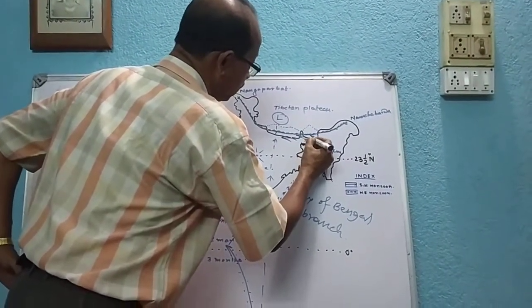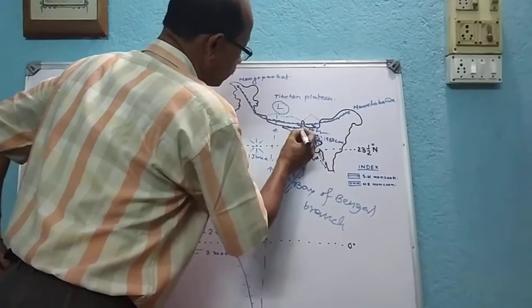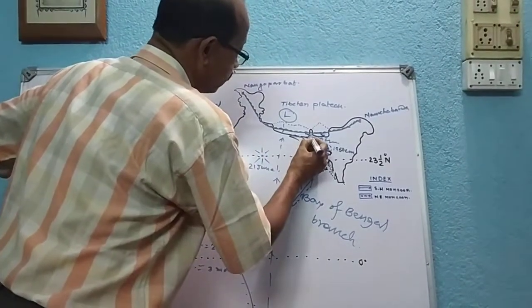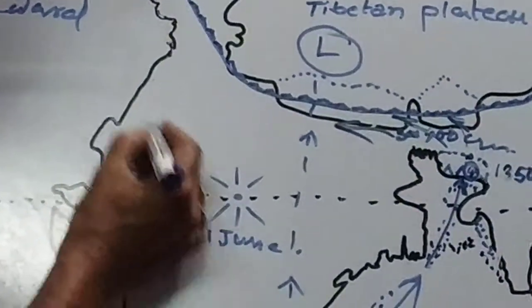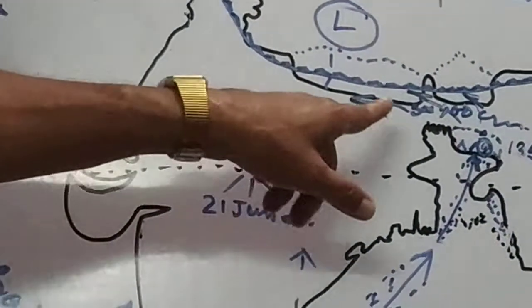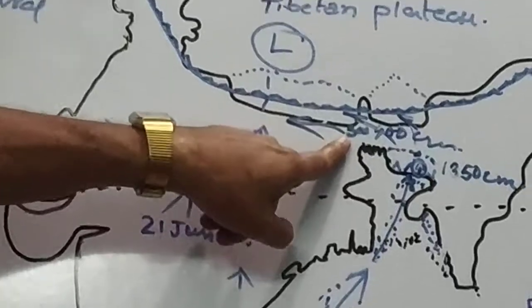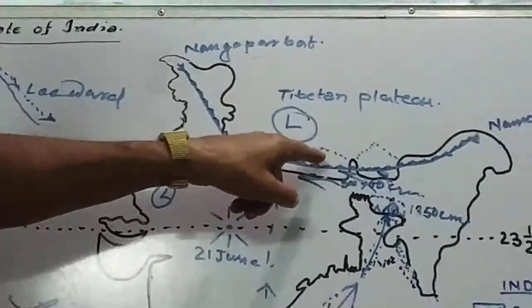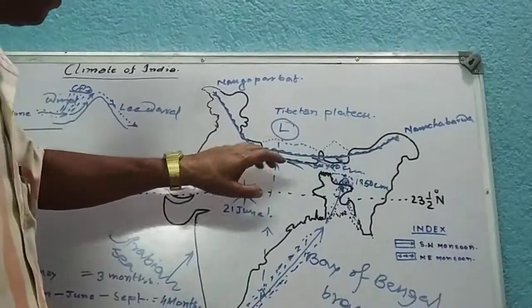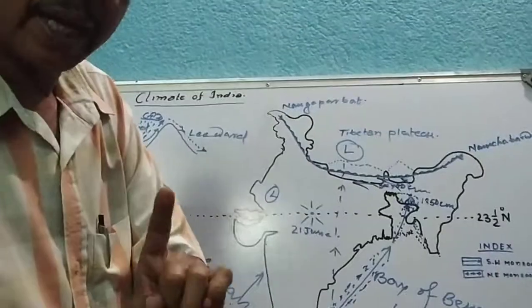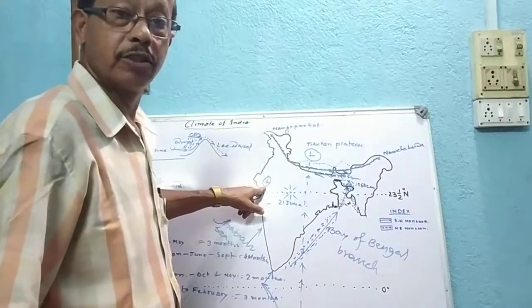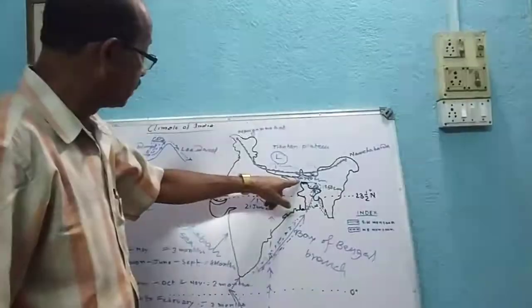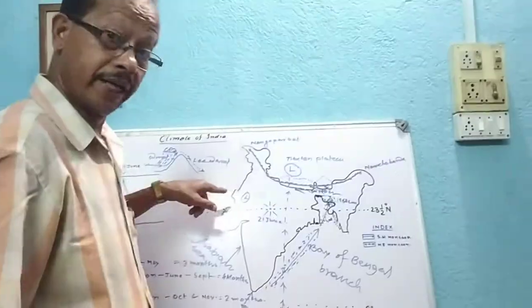rainfall in Alipurduar, 300 centimeter rainfall in Darjeeling. As the wind cannot cross the Himalayan mountain range, under the attraction of another low pressure area on the desert area of Rajasthan, the Thar desert, the wind blows towards the west.